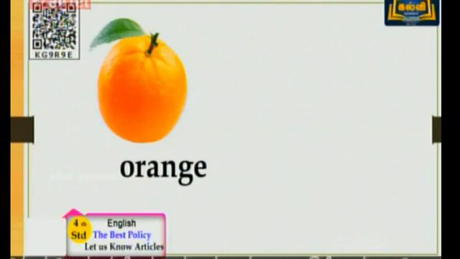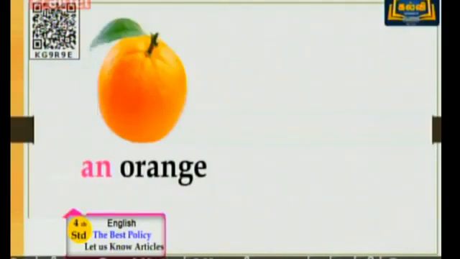See the sound of the first letter O. So, as I told in the condition, you should use the article an before the words which begin with the sounds of A, E, I, O and U. So here, which article should you use? An. So I can tell that an orange. This is an orange. Got it right?